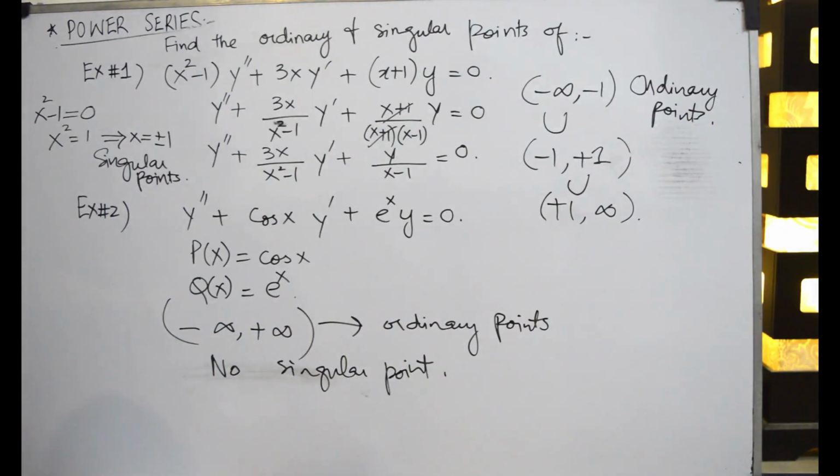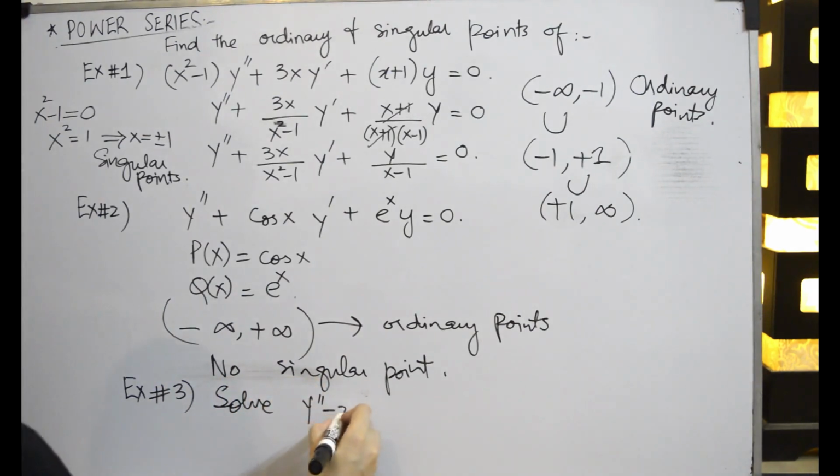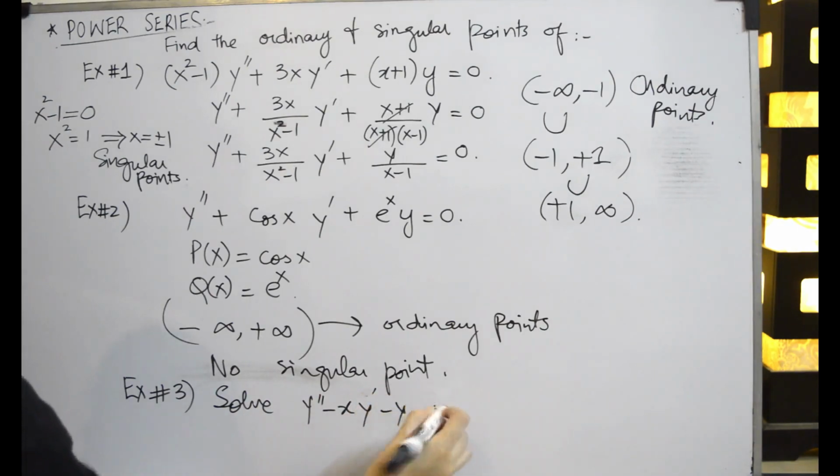Okay, and the third example you have to solve on your own. This is a second order differential equation to be solved with the help of power series: y double dash minus x into y minus y equals 0. You have to solve it by re-indexing and so on.